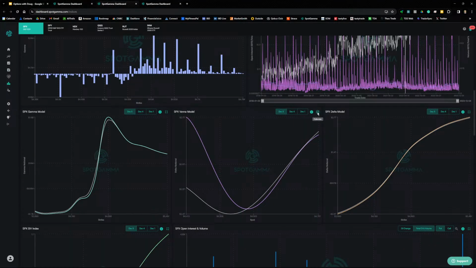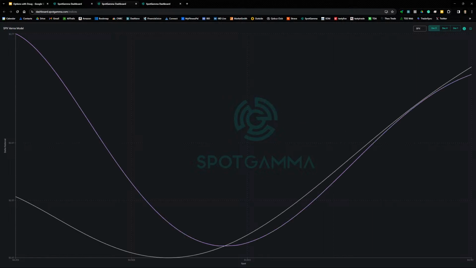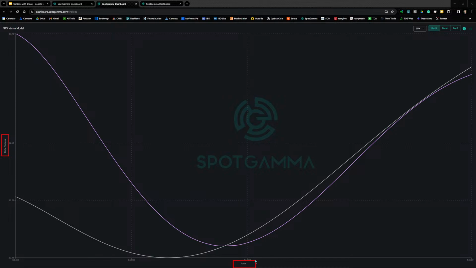All right, let's take a look at the Vanna model now, and we can get a graphical representation of what that means. So what that chart is showing is market makers' delta notional, their delta exposure, on the vertical axis, and the spot price for SPX on the horizontal axis. There are two curves on this chart. The first, the light gray curve, shows how market makers' delta notional may change with changes in price only.